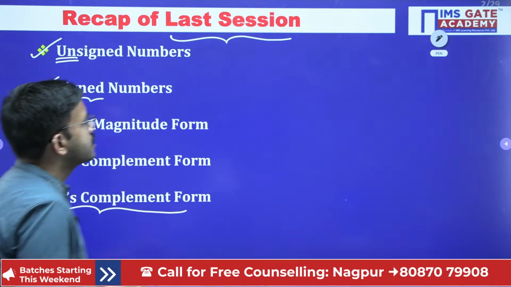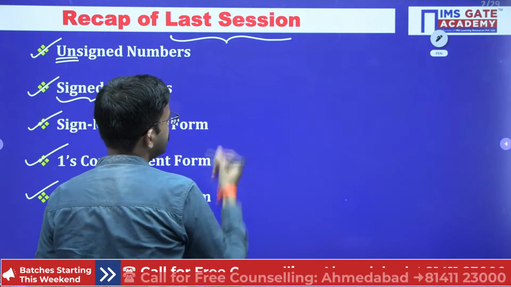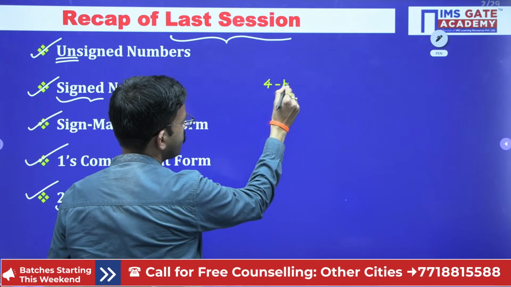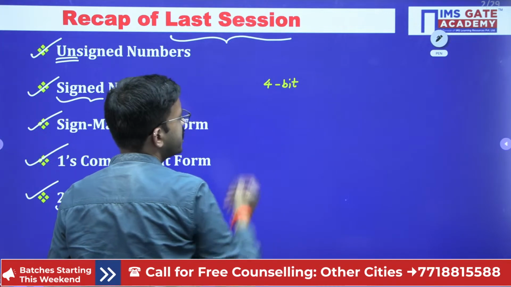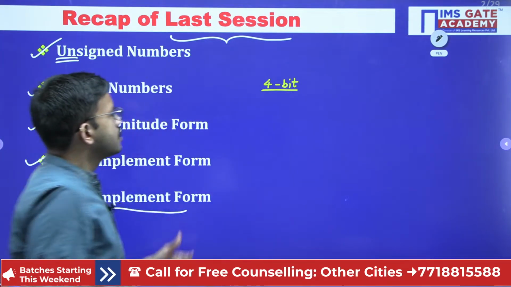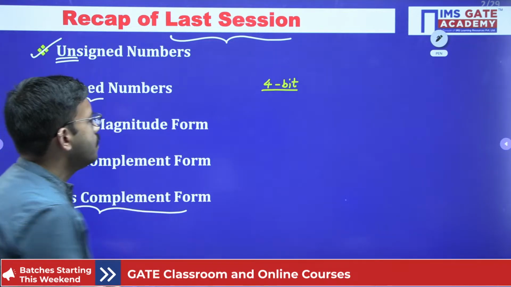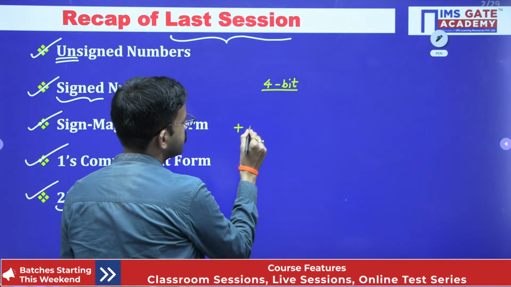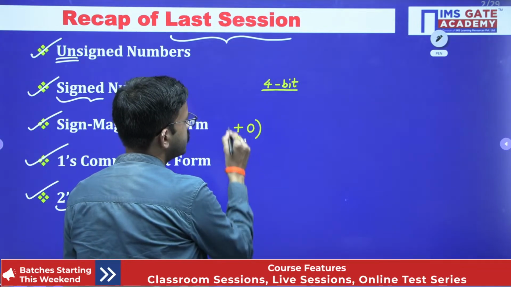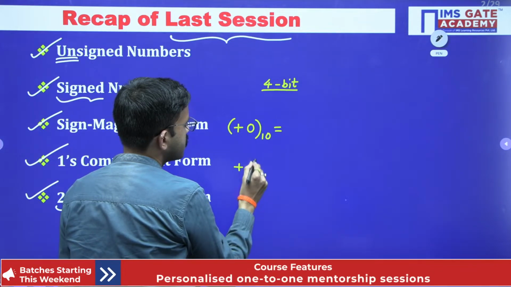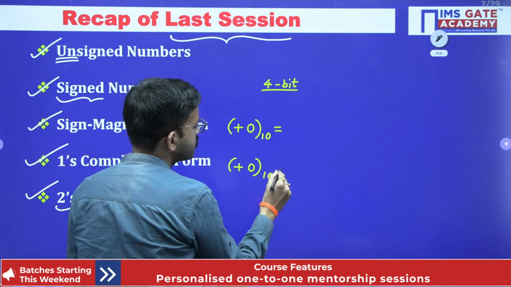Say for example, for the time being I am considering 4 bits. Let us assume a 4-bit number. I want to represent plus 0 in sign magnitude form, 1's complement form, and 2's complement form.